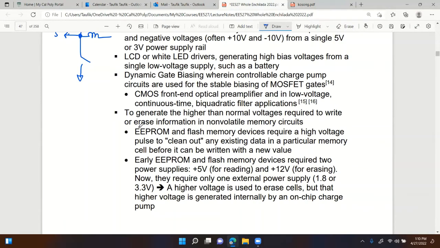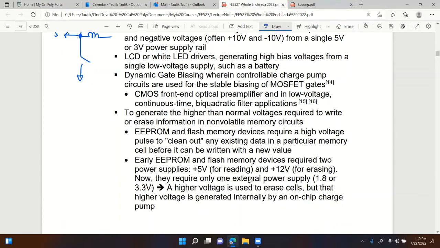That's another example where we can use a charge pump to generate the higher than normal voltages required to write or erase information in non-volatile memory circuits. Like EEPROM and flash memory devices require a high voltage pulse to clean out any existing data in a particular memory cell before it can be written with a new value. Early EEPROM and flash memory devices required two power supplies, +5 for reading and +12 for erasing.